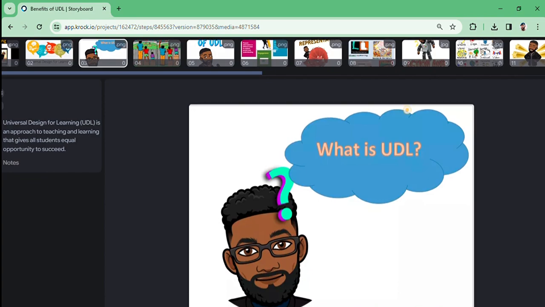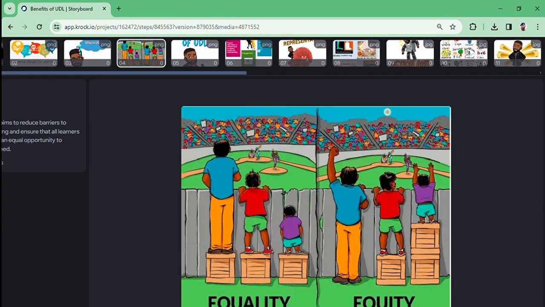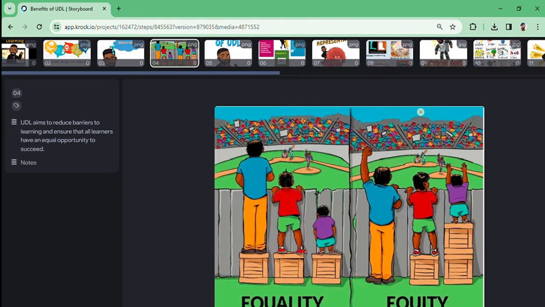What is UDL? Now, UDL is a framework which aims to reduce barriers to learning and ensure that all learners have equal opportunity for success. As you can see here in this image, there are two different situations.